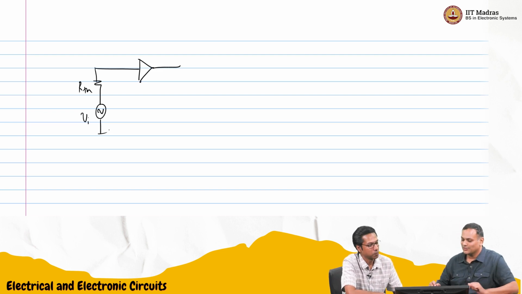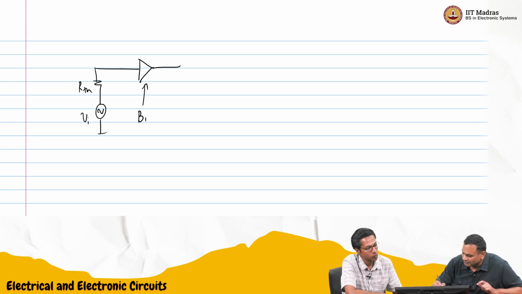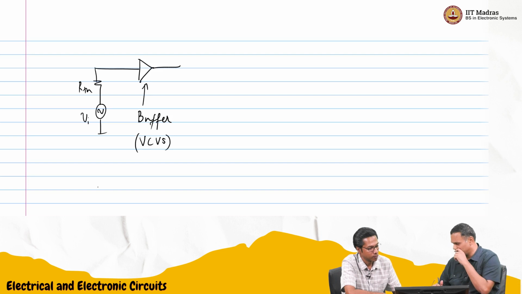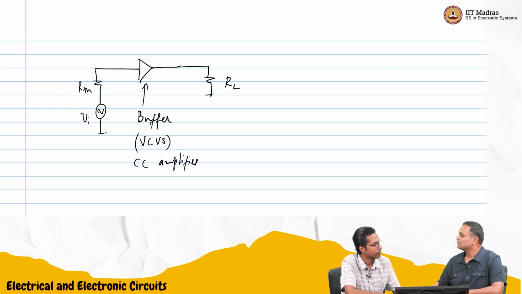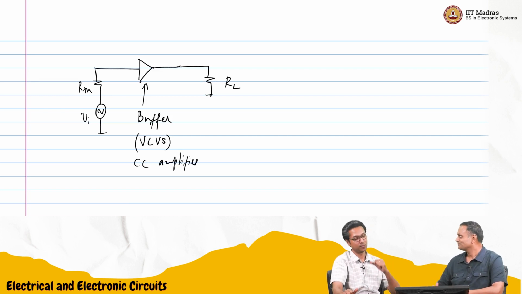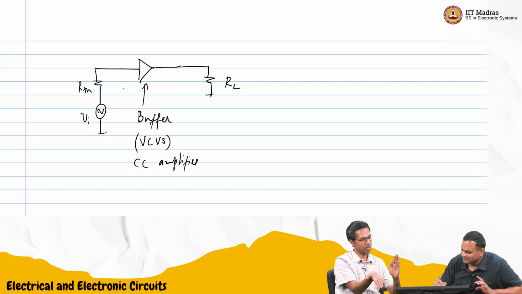That's right. So then you need what is called a buffer, or you can think of it as a VCVS, voltage controlled voltage source. And therefore now you can drive some load resistance RL. So this is your common collector amplifier. It is very useful. It just produces the input replica as the output.